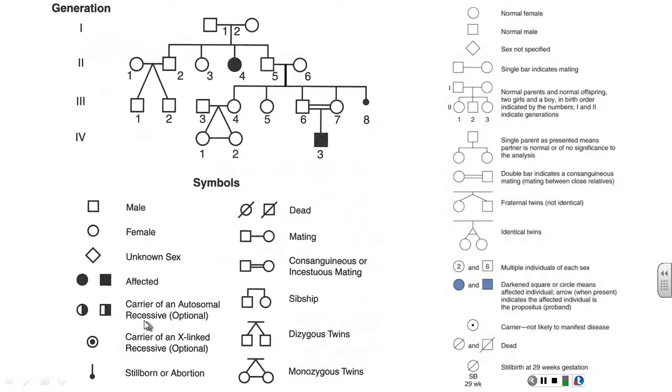I've seen the circle inside used also for carriers for autosomal recessive, or where we had one example that we're going to see later on is where we have incomplete penetrance in something that's supposed to be autosomal dominant, and they indicated the carrier in that case with this little dot. So you will see that.